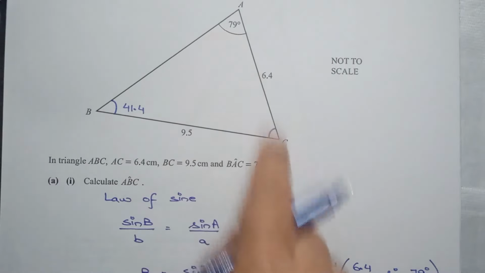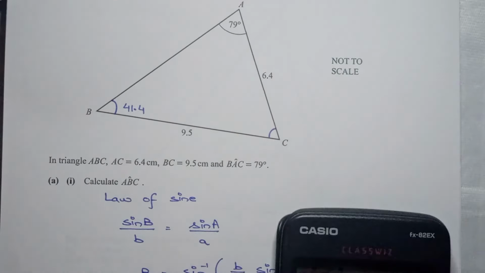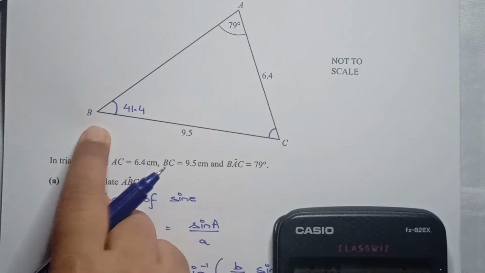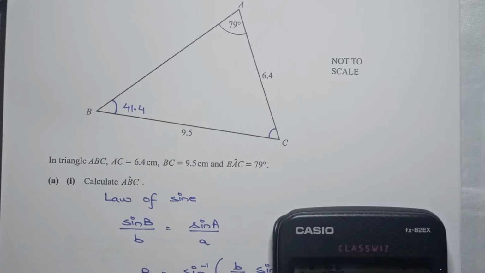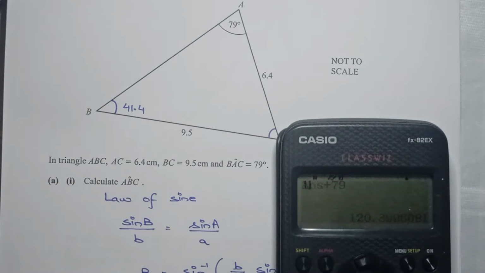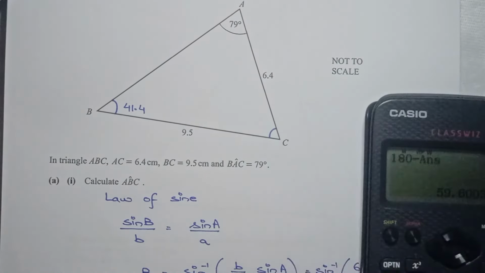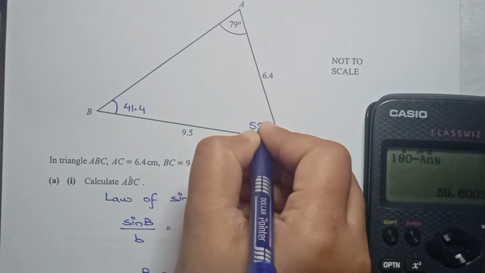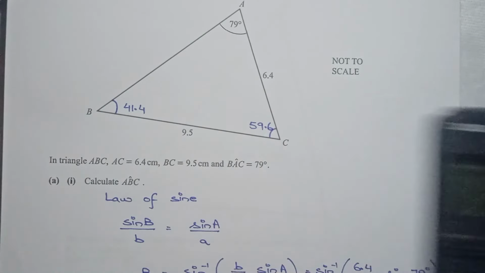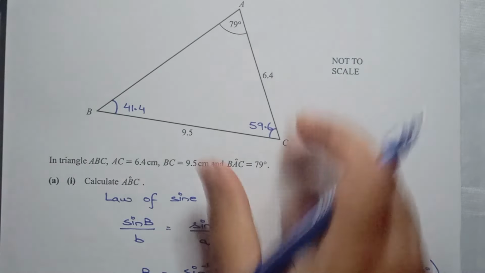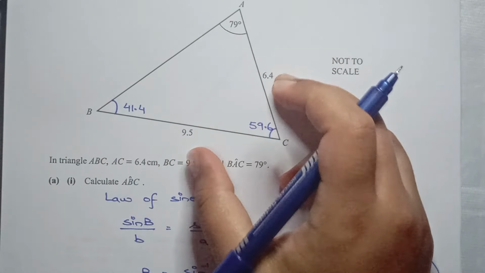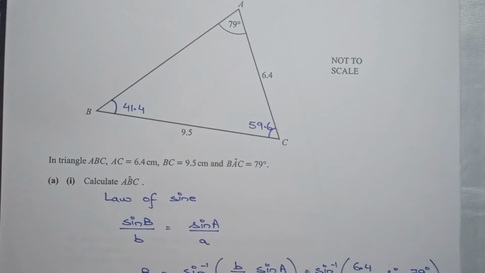By using the fact that the sum of all angles of a triangle is 180 degrees. So 41.4 plus 79, subtracted from 180, would be 59.6. So angle C is 59.6 and we know the two sides.